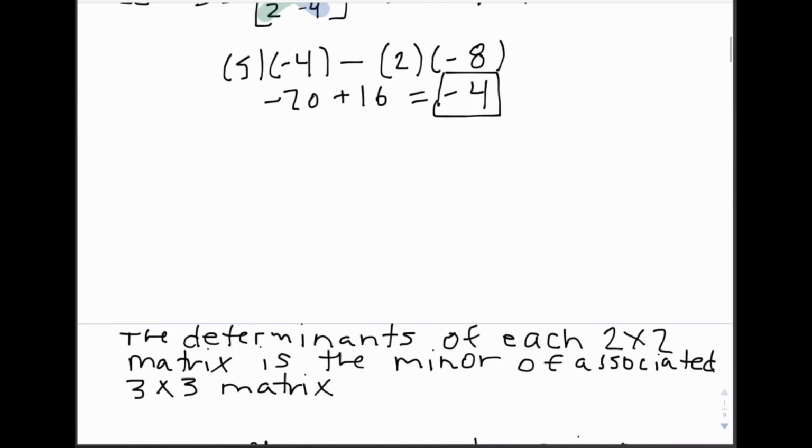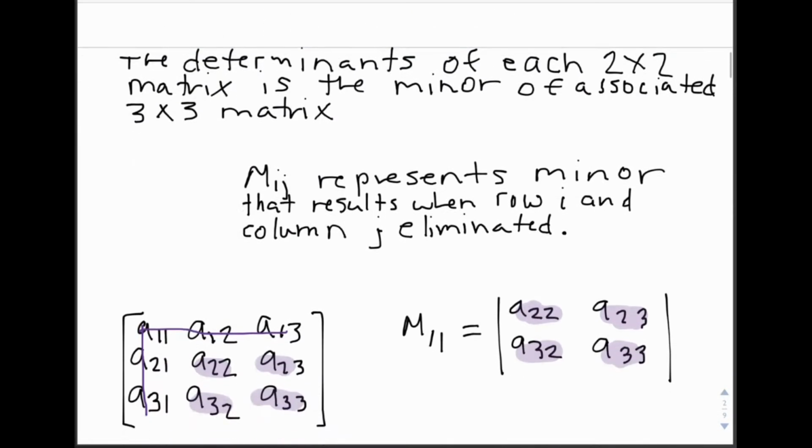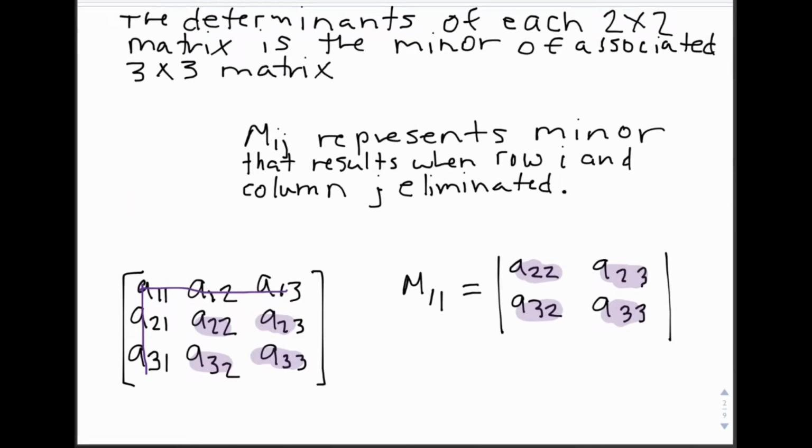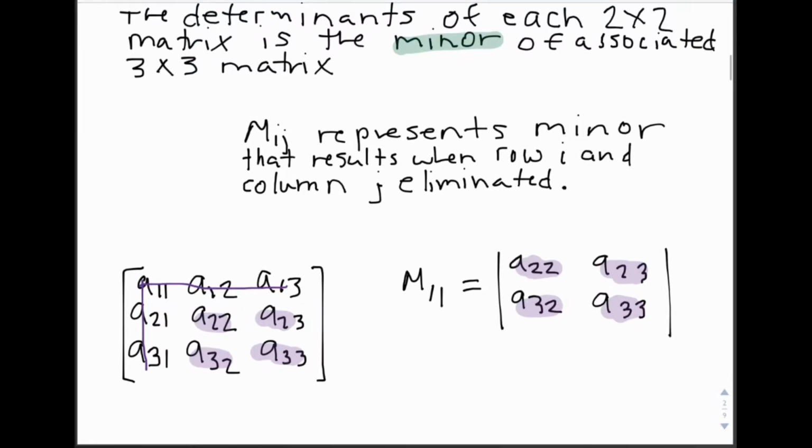One thing we can look at now is the fact that the determinant of each 2 by 2 matrix is what's called the minor of the associated 3 by 3 matrix. So we have Mij, and it represents the minor that results when row i and column j are eliminated.